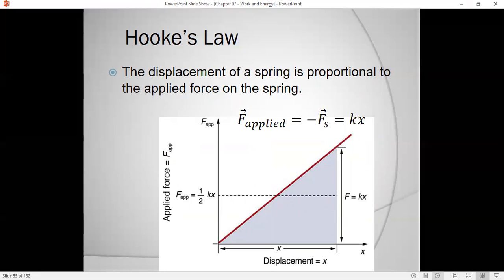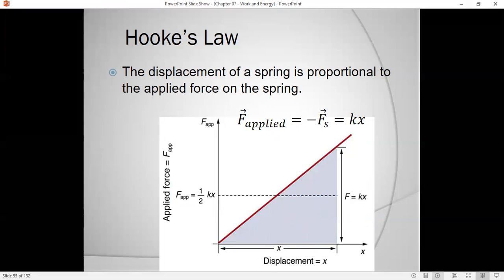So when I want to calculate the area underneath this force, what shape is that? Well, that's a triangle. And we know for a triangle, the area is equal to 1/2 the base times the height.